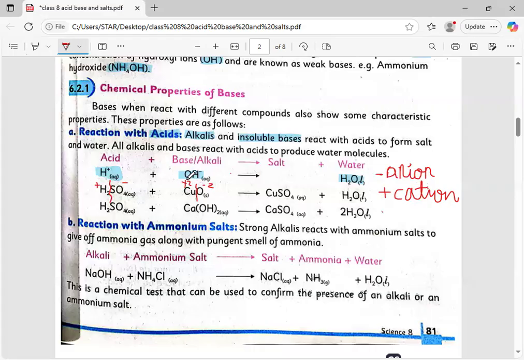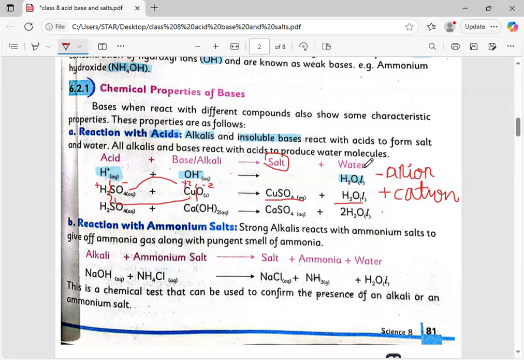Then you can see clearly here the plus 2 charge is attracted to the minus 2 charge, and these two compounds bond together and form CuSO4, that is copper sulfate, called a salt. Then the cation of the acid, H plus, reacts with the anion O, forming H2O, a water molecule. That means salt and water are formed as products.